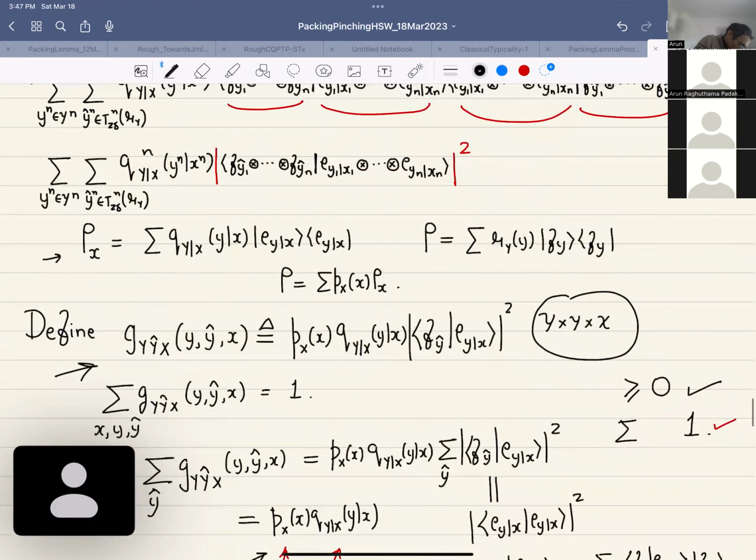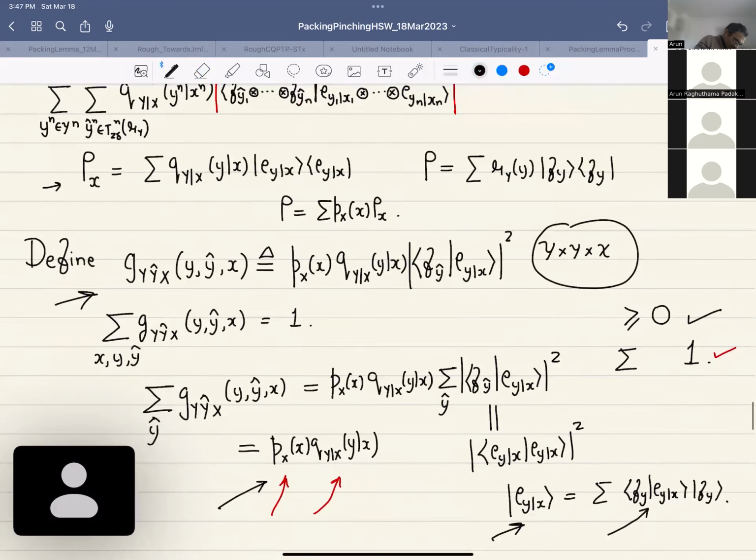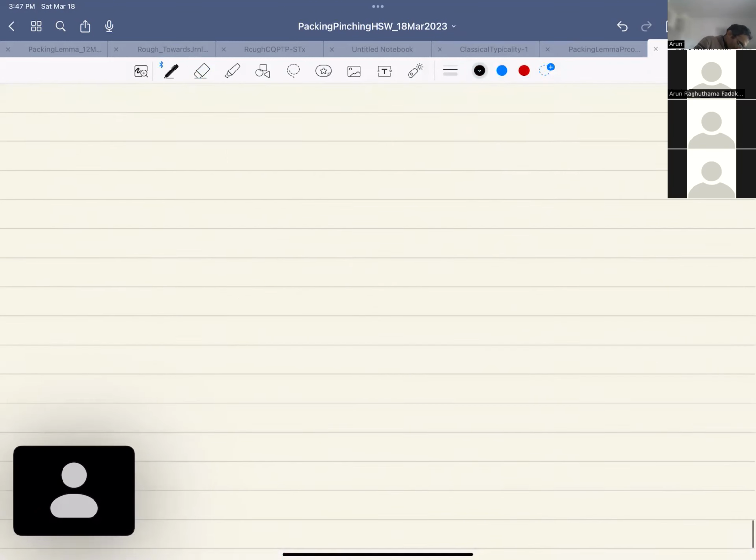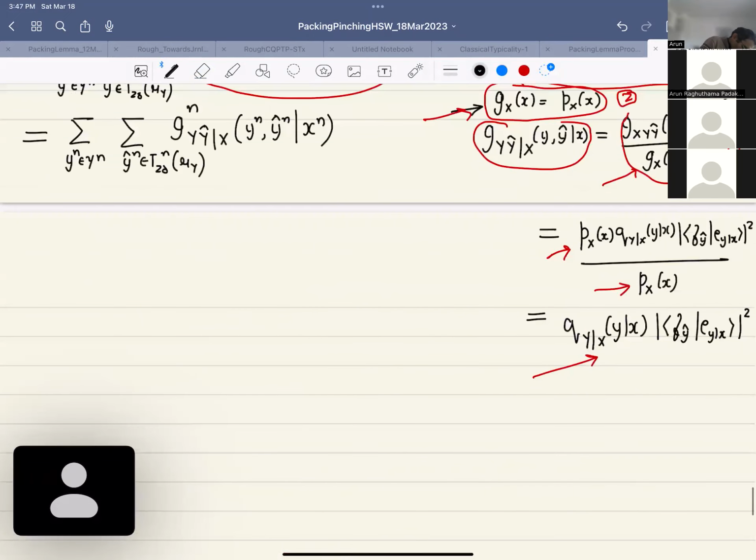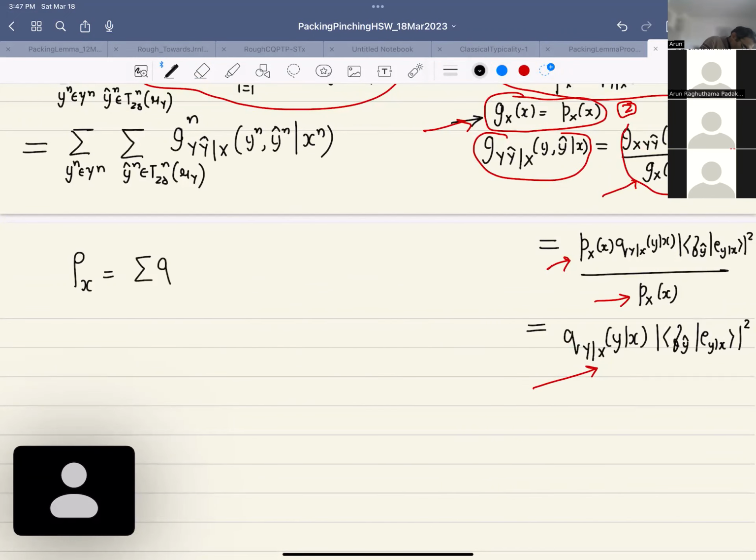If I do row xn, I am going to do a tensor product of all these guys, i equal to 1 to n, right? Row x is that. Let me do it at the bottom. See, row x is qy given x of y given x. Do you agree with this?